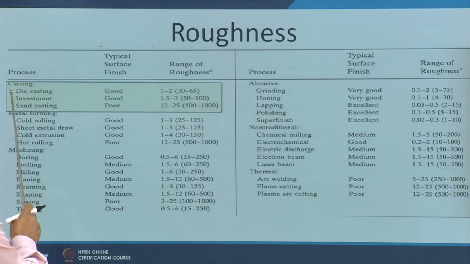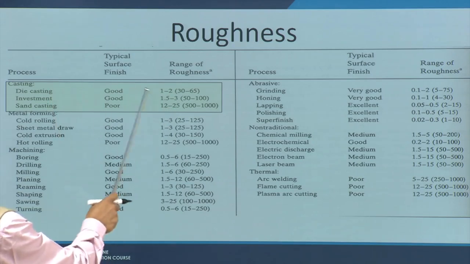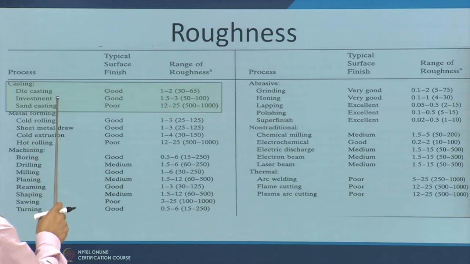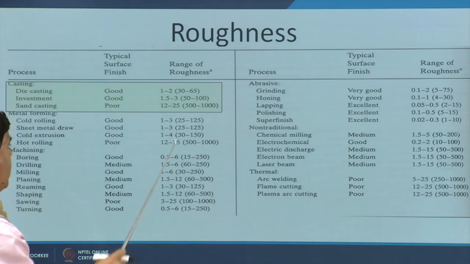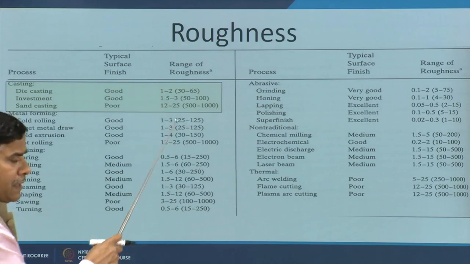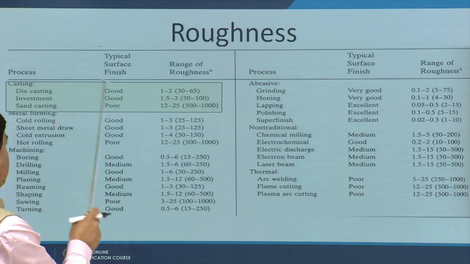If you see the casting processes, the as-cast component, here we have die casting, investment casting, and sand casting. So, we can see the range of roughness which can be achieved. The first here is 1 to 2, the roughness Ra in micrometer for die casting.